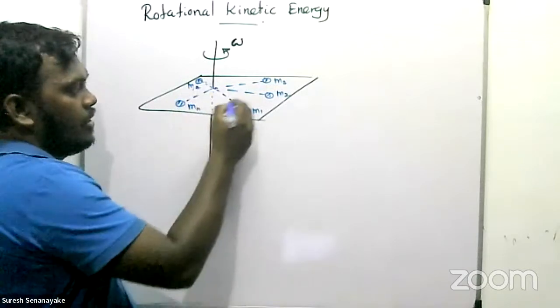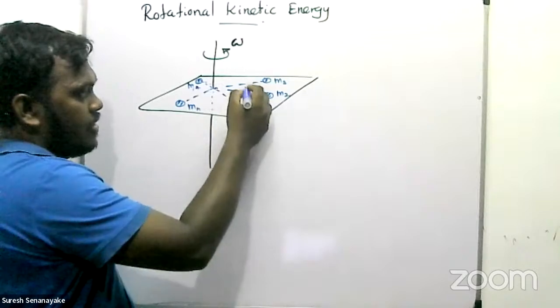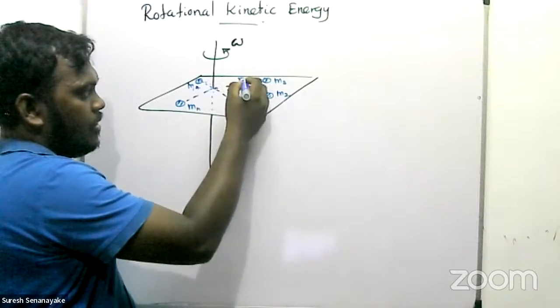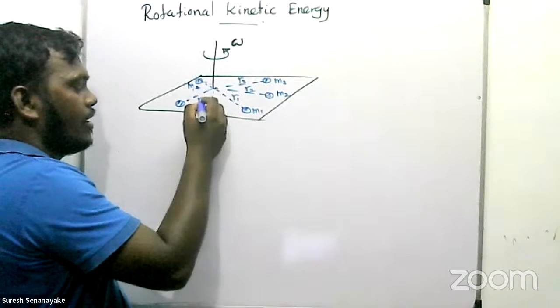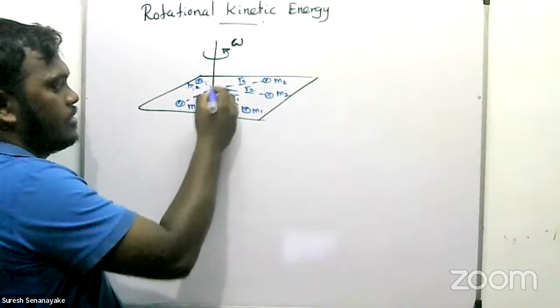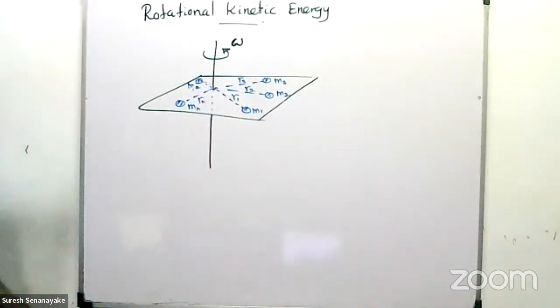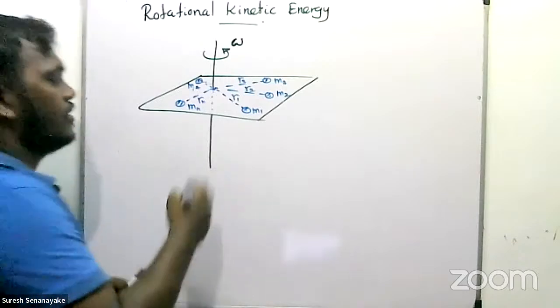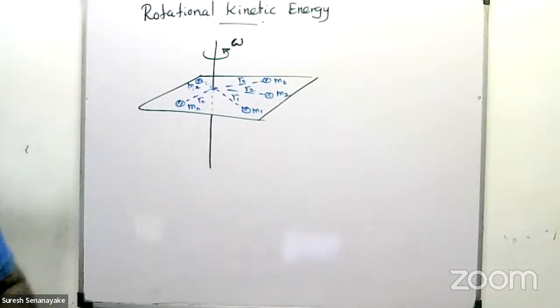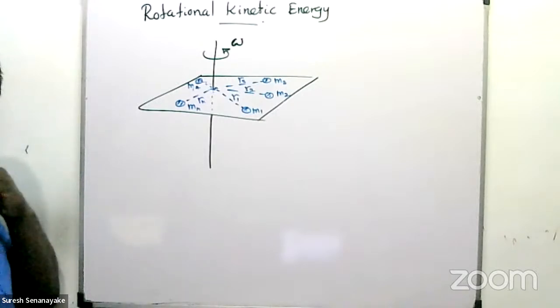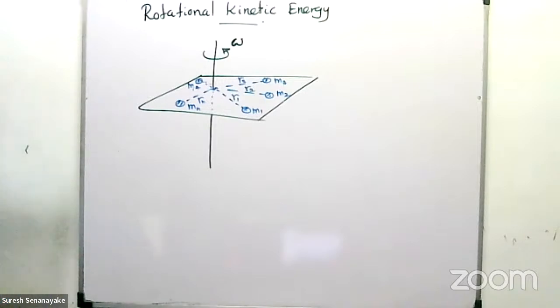The distances with respect to this point are r1, r2, r3, r4, and rn.